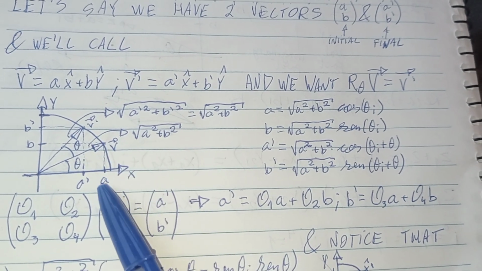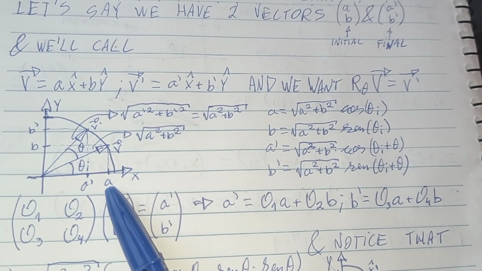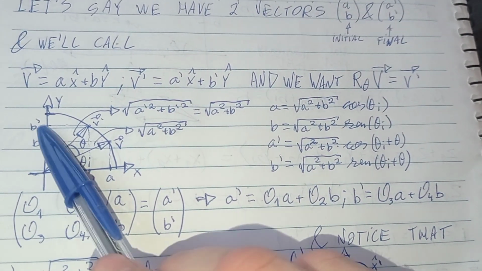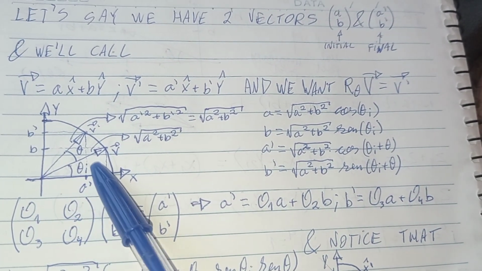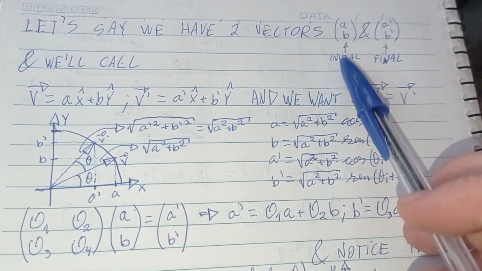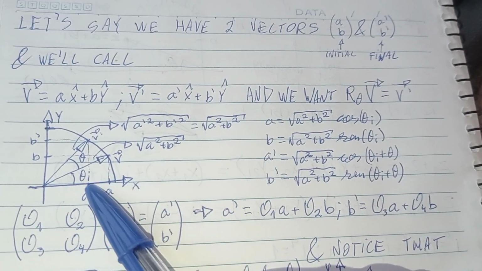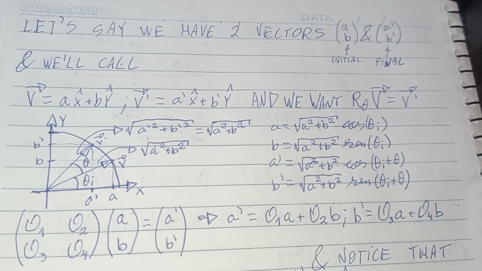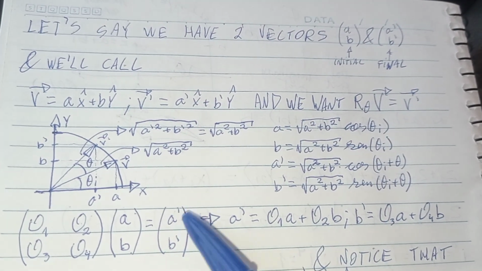They are composed in x respectively by A and A prime, and in y respectively by B and B prime. And you can see that we have an initial angle for V, which we call theta I, and our rotation angle is going to be theta.